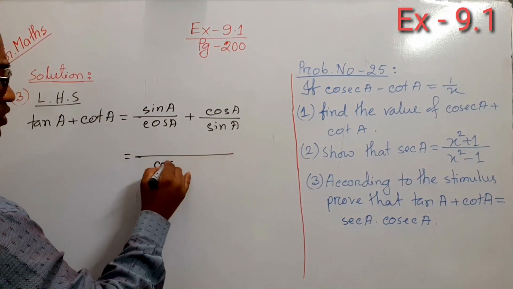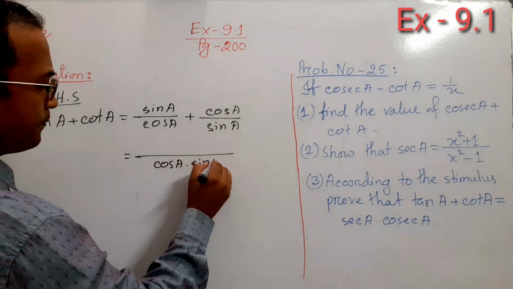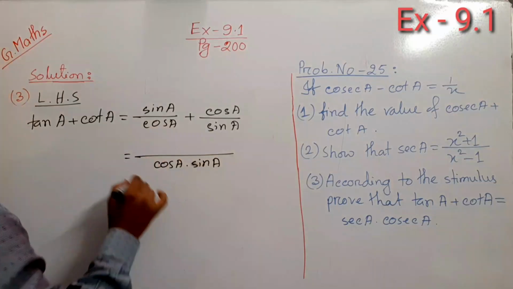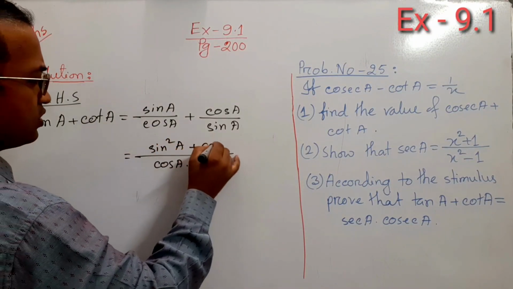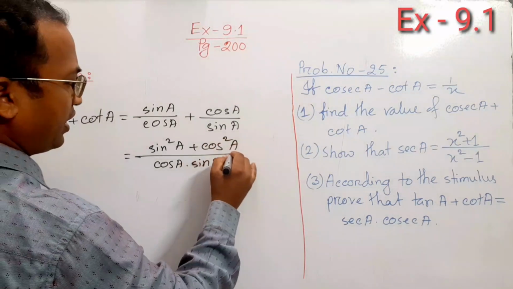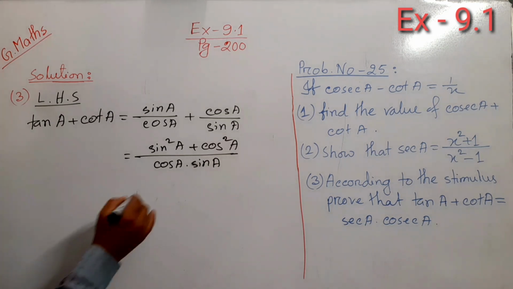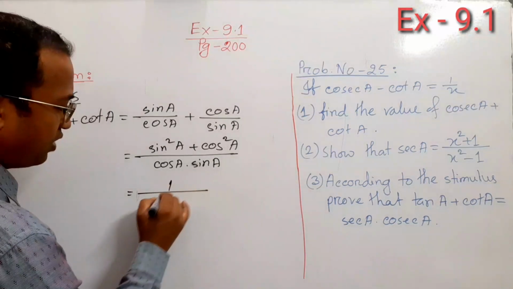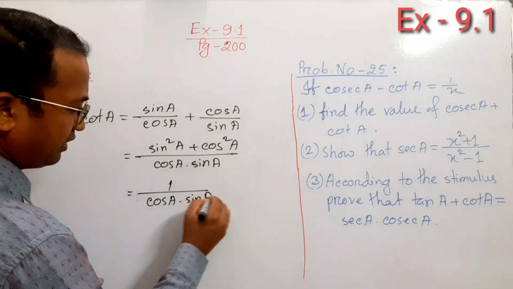LCM will be cos A into sin A, and numerator will be sin square A plus cos square A. So we know the value of sin square A plus cos square A is equal to 1. So it becomes 1 by cos A into sin A.